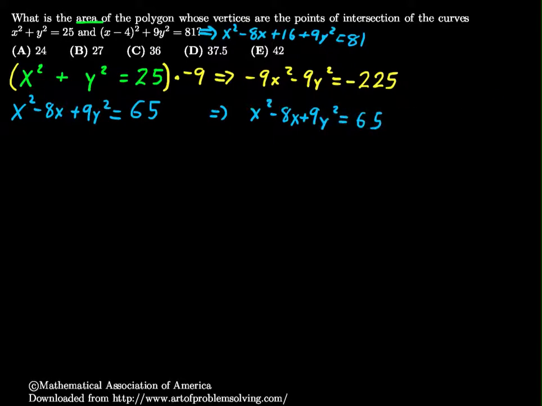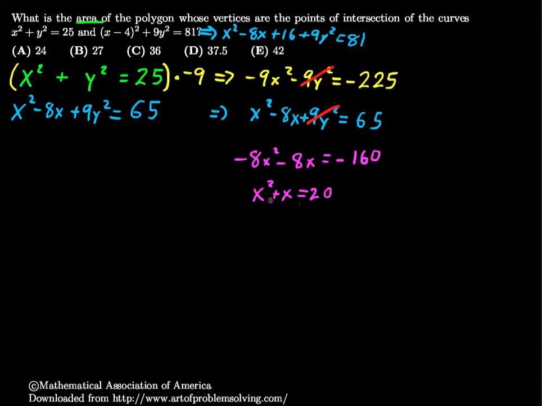And from that, the y squareds will cancel, and I will see that I'm left with -8x squared minus 8x is equal to -225 plus 65, which should give me -160. And wonderfully, a common factor of all three of these terms is -8, so I'll divide through by -8 and get x squared plus x is equal to 20.